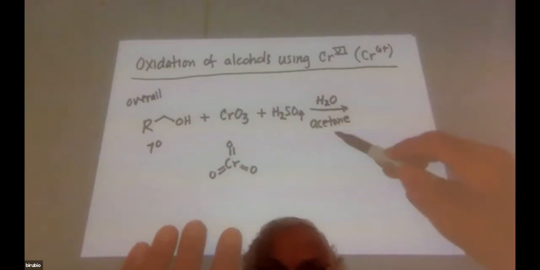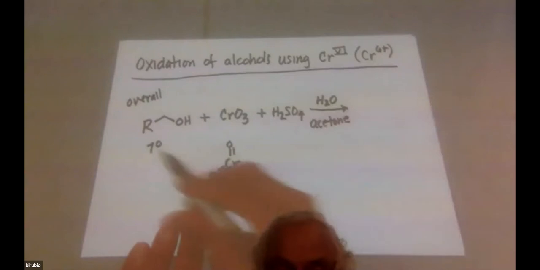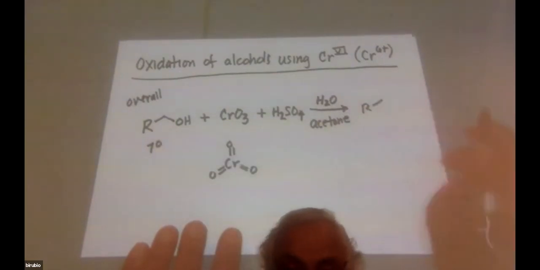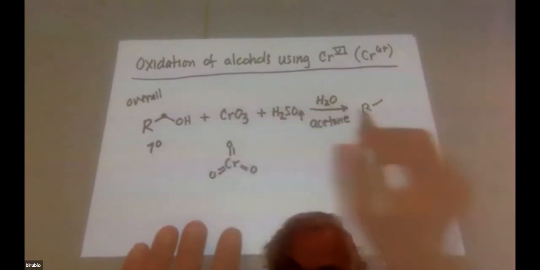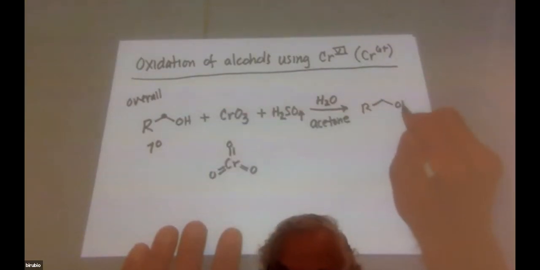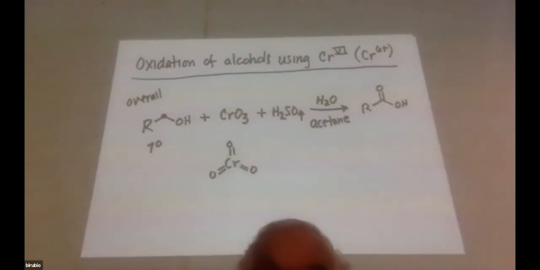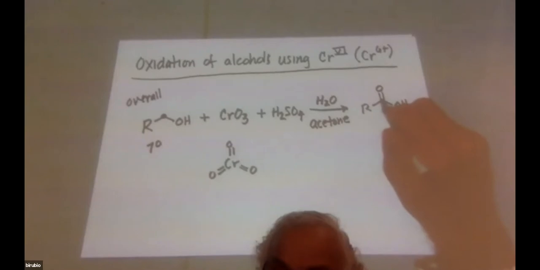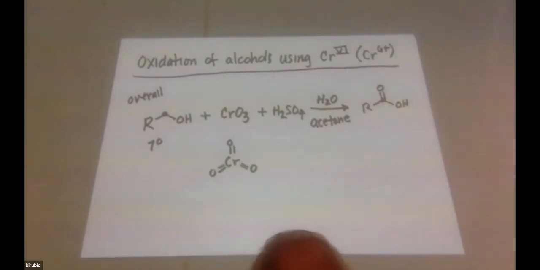These are solvents, right? So the product here is going to be this carbon. I'm going to put a dot on him. This carbon gets oxidized to a carboxylic acid. Is this an oxidation? Oh my heavens, yes, because that carbon with the dot went from having 1 bond to oxygen to now having 3 bonds to oxygen.